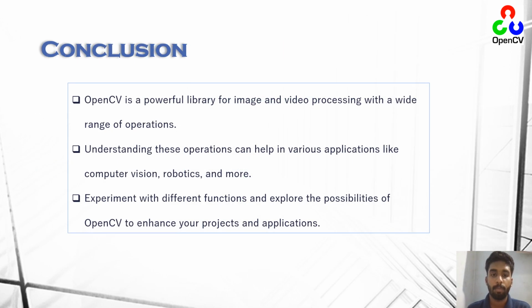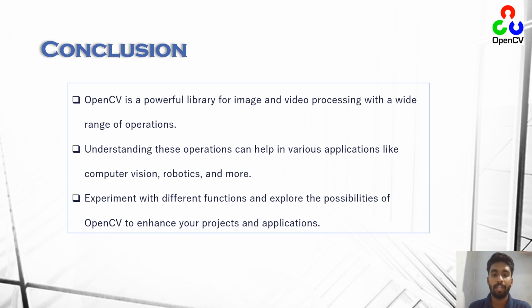In conclusion, OpenCV is a powerful and widely used software library for computer vision and machine learning tasks. It offers a comprehensive set of tools, algorithms and functions that enable developers, researchers, and engineers to work on a wide range of computer vision applications.